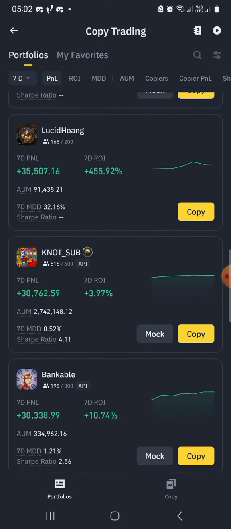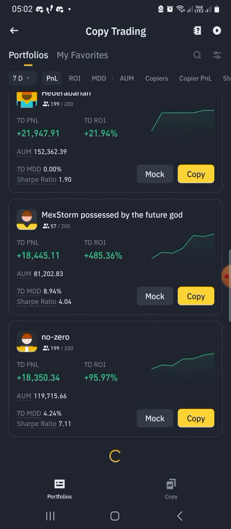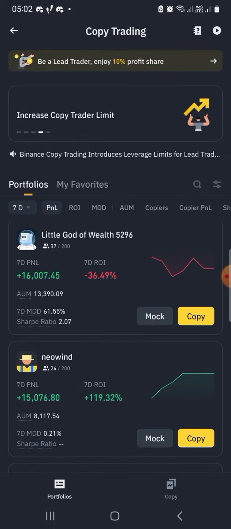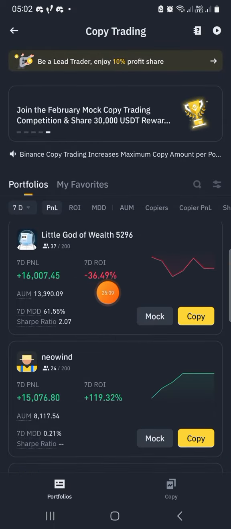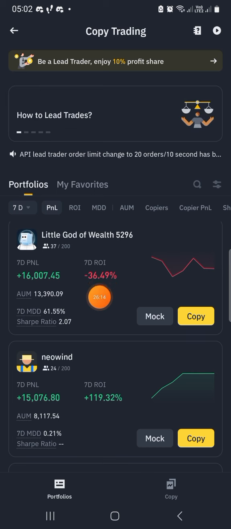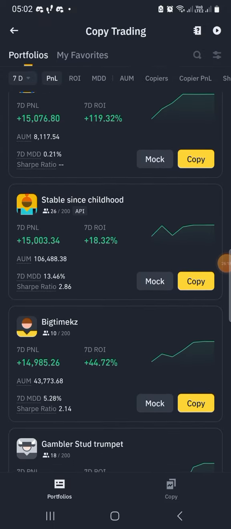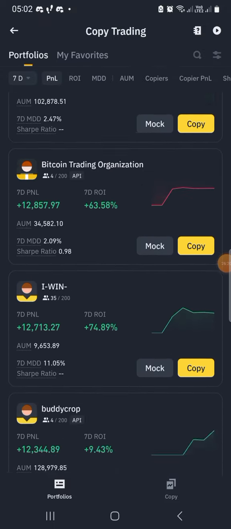But this is profitable once you're able to filter and copy the right person. As you can see, in 7 days this particular account has made a 36% loss. So it's possible to be sitting in losses. If you copied this guy, you might have been sitting in some loss here.